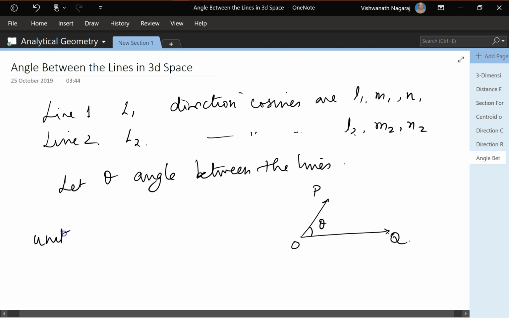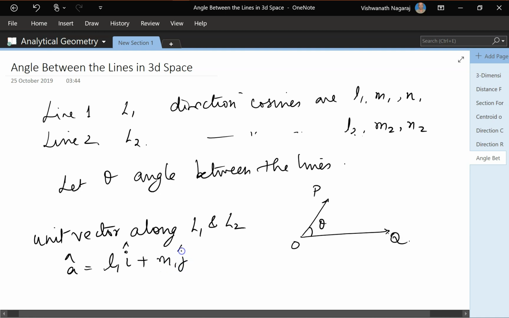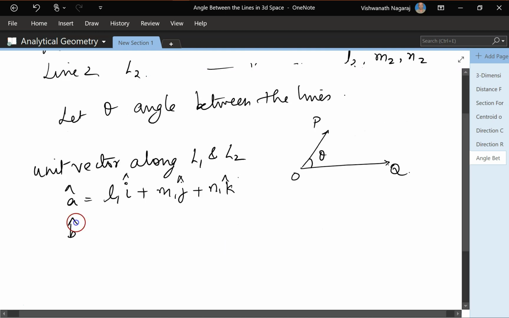The unit vectors along L1 and L2, let's say they are: unit vector A is equal to l1 i plus m1 j plus n1 k, and unit vector B is l2 i plus m2 j plus n2 k.